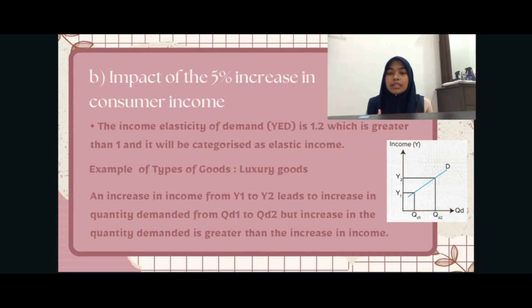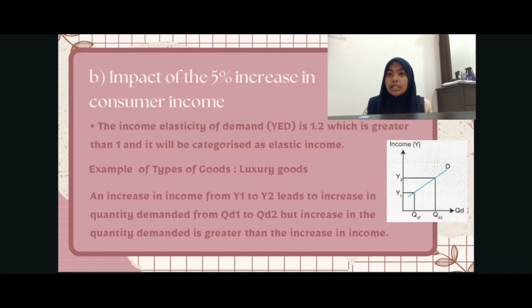So the example type of good is luxury goods. As we can see through the graph, an increase in income, which is Y1 to Y2, leads to an increase in quantity demanded, which is QD1 to QD2.